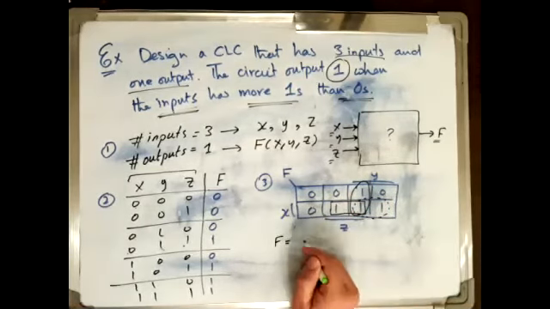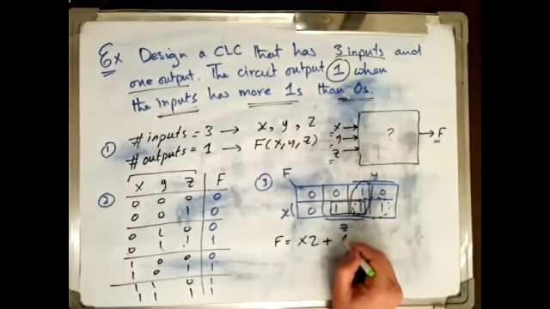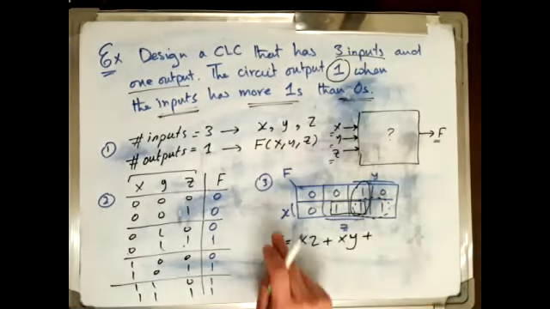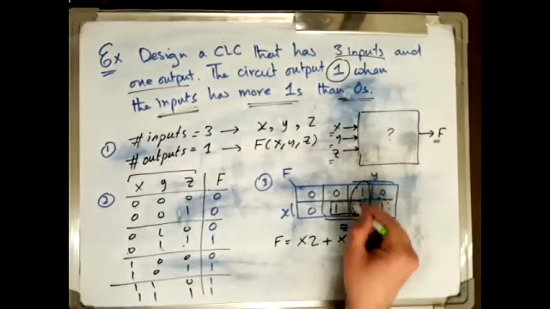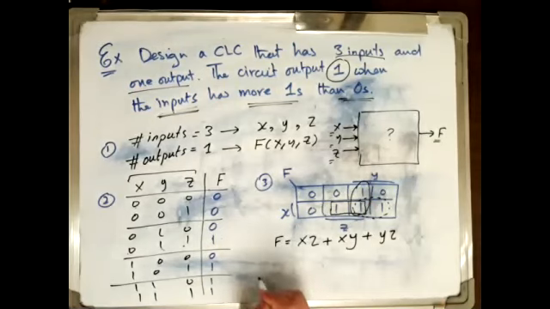It is X and Z, or it is X and Y, or it is Y and Z. So this is the third step.